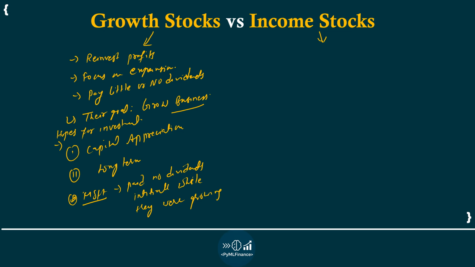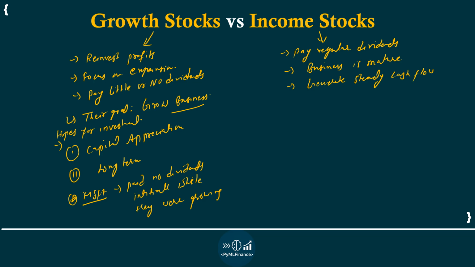Now coming to income stocks. Income stocks pay regular dividends. Their business is mature. They generate steady cash flows.